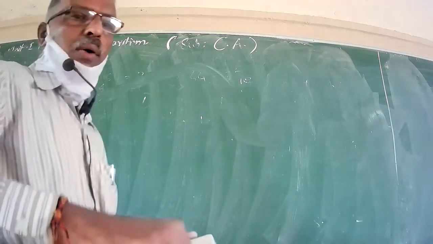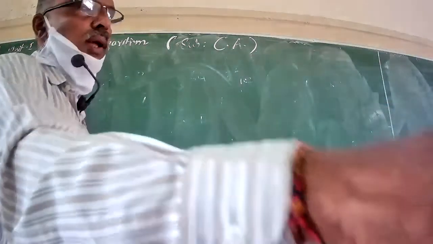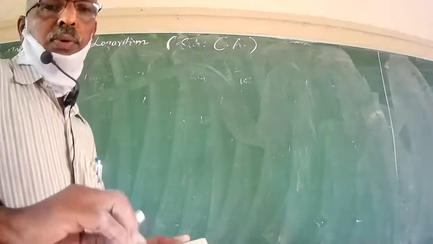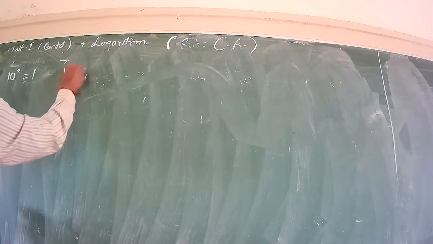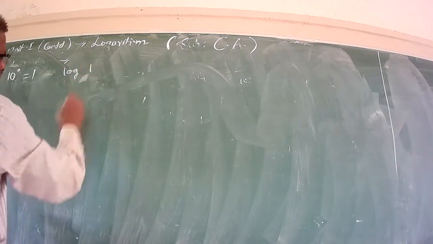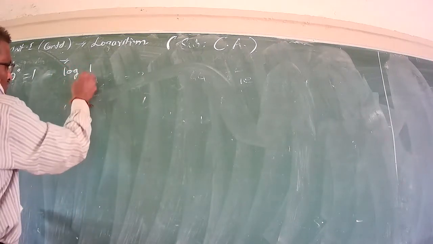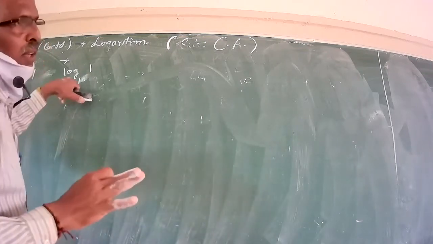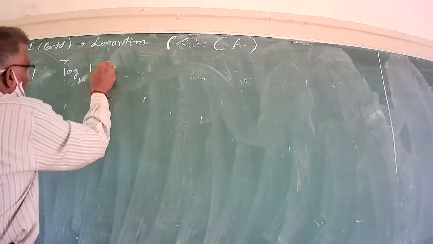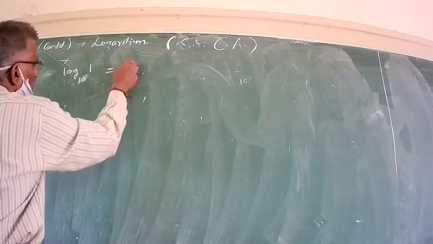Therefore log of 1 to the base 10, if nothing is written it means that the base is 10 only, equals 0.